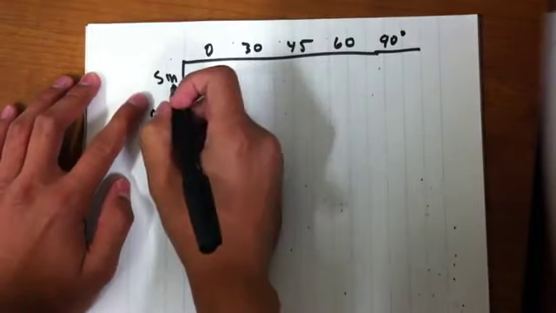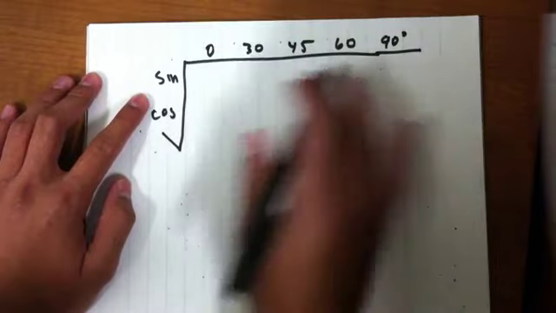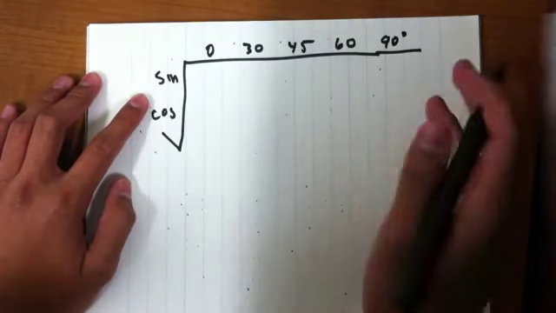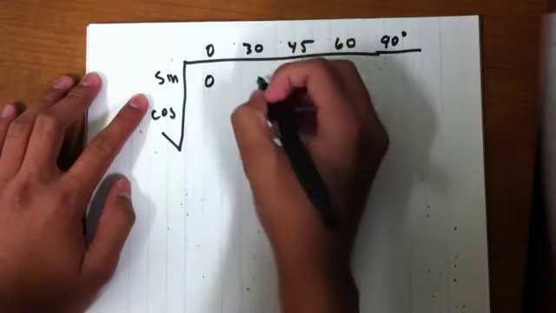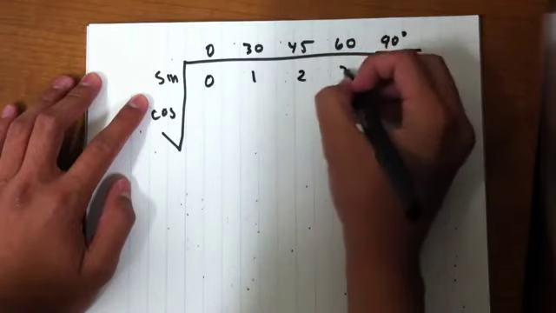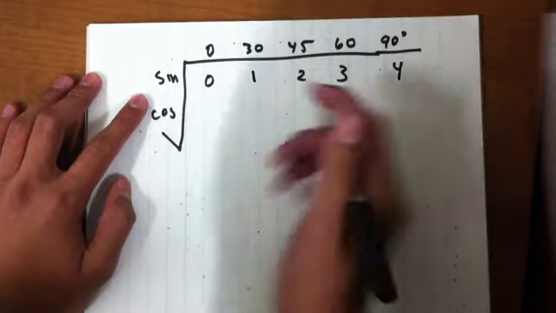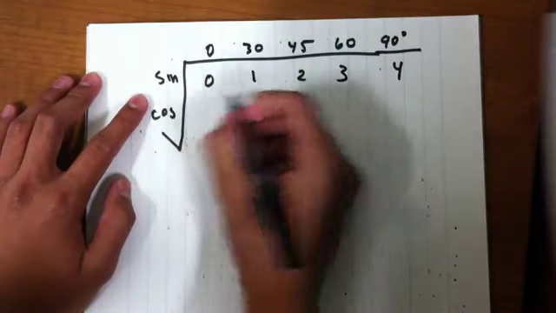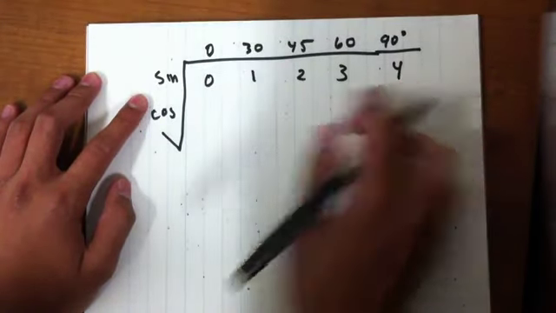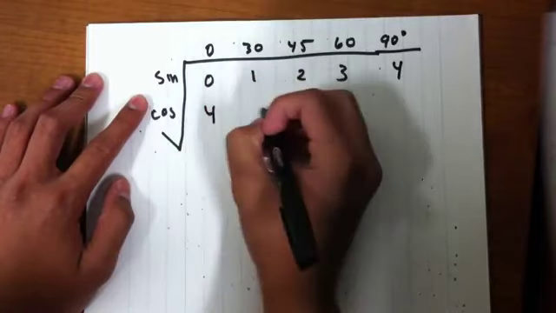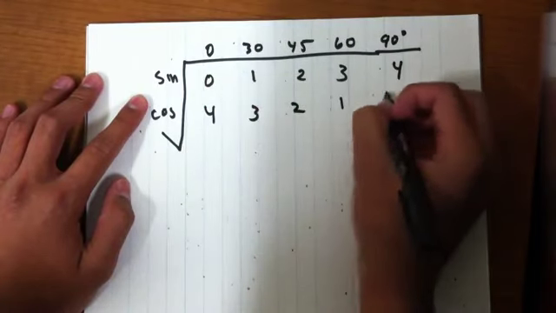Then after sine, you increment from 0 to 4 in increments of 1. So you start with 0, 1, 2, 3, 4. Make sure you align them so it's clear. And for cosine, you do the same but in reverse. So you start with the 4 and you decrease: 3, 2, 1, 0.